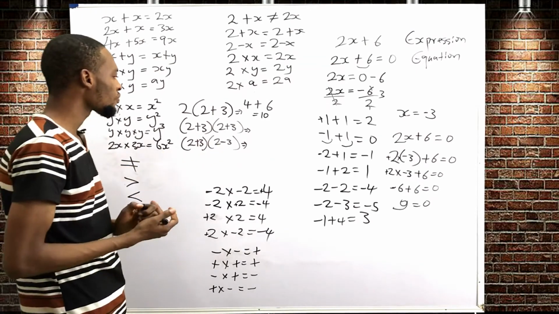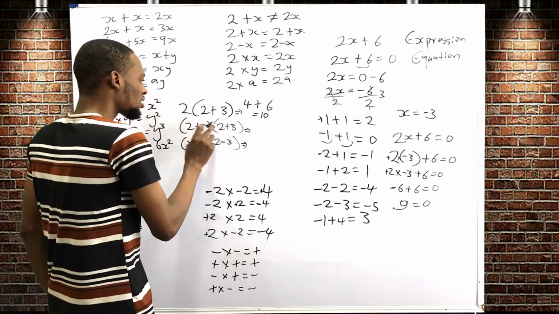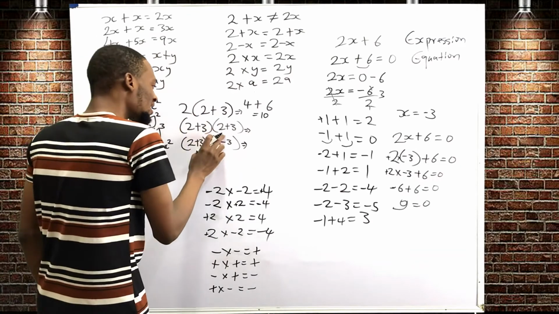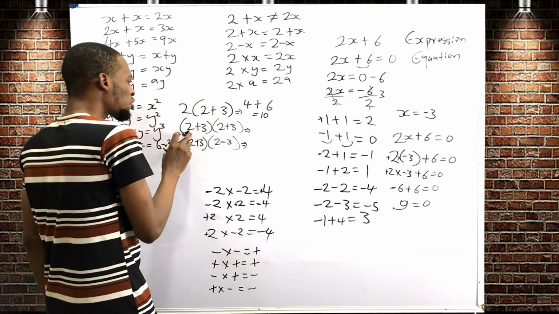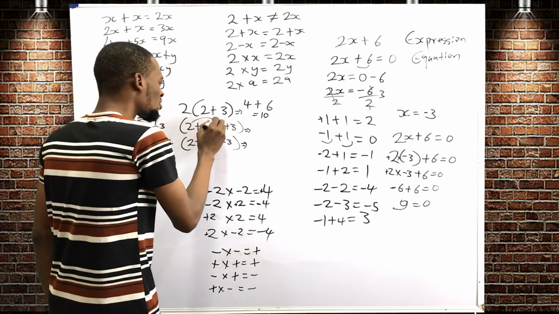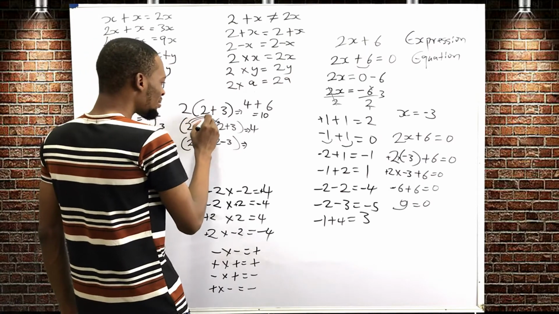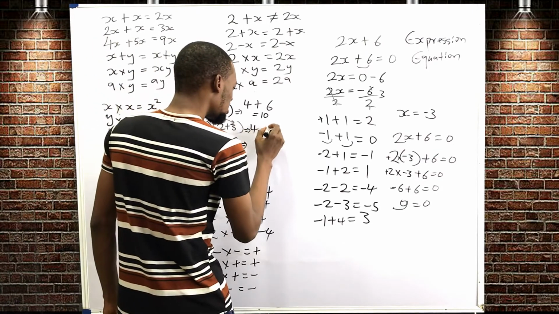I will show you. Now for this, multiply this by this, multiply this by this, then you come and multiply this by this and multiply this by this. So 2 times this 2 is 4. 2 times this 3 is 6, so plus 6.